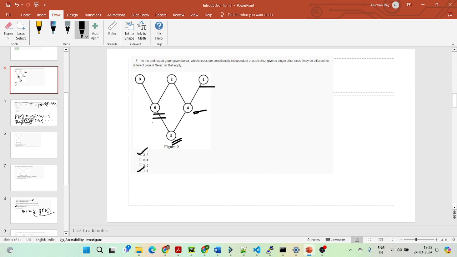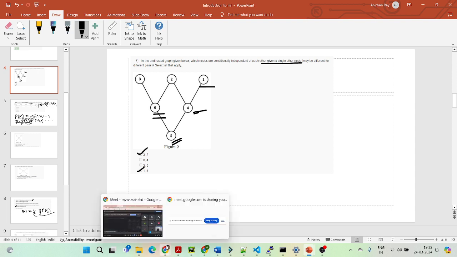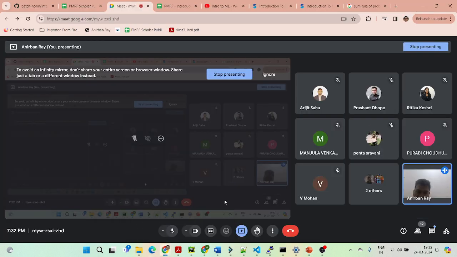If the middle node 0, which is between 3 and 5, is known, then 3 and 5 are independent, but that is not in the option. 3 and 2 is given, the middle node is 0, so 3 and 2 are independent. For 0 and 4, there are two middle nodes, 2 and 5, so not independent. Given a single node, it is very simple. Any doubt?